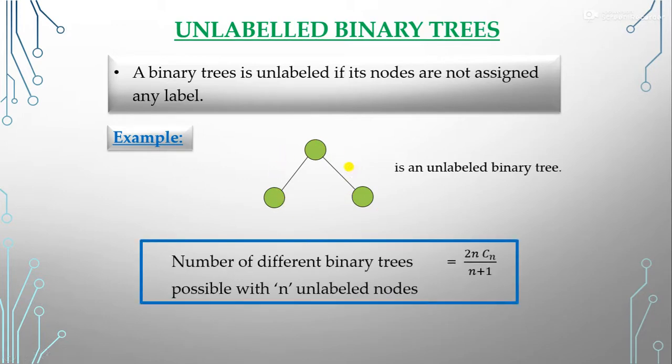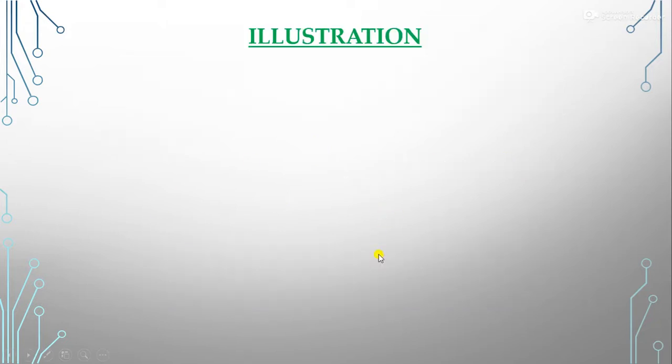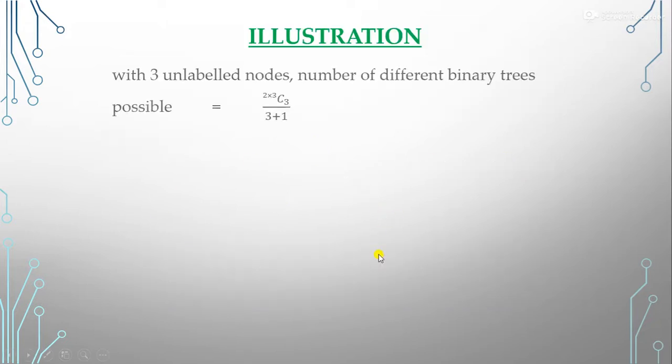The number of different binary trees possible with n unlabeled nodes is 2n Cn upon n plus 1. You can calculate how many binary trees we can form from n unlabeled nodes. Let's take an example.